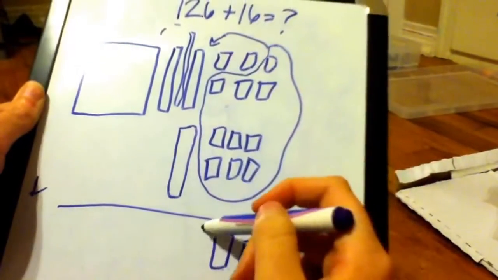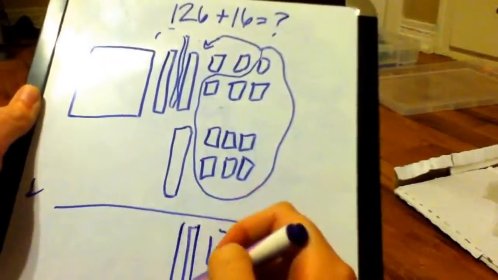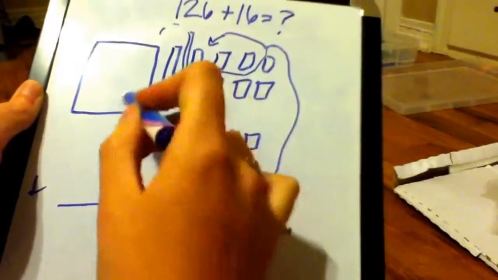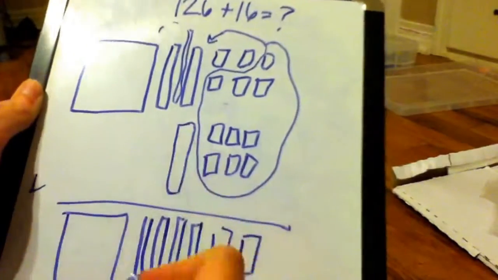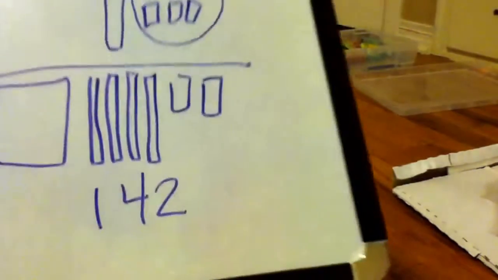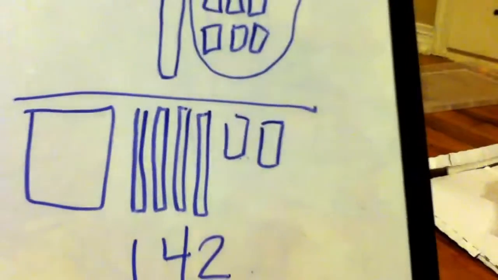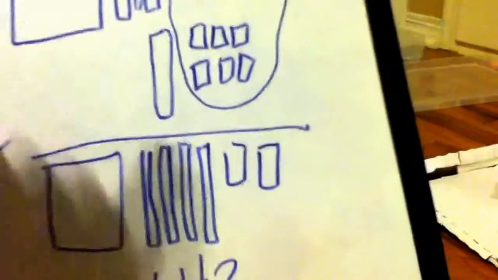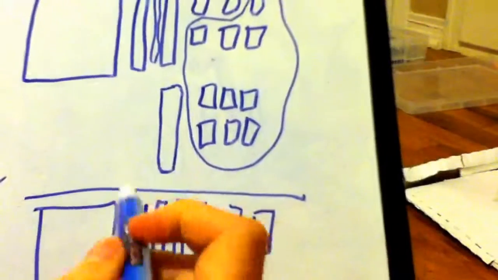We have 4 rods, 1, 2, 3, 4, and we have 1 hundred. So our answer is 142. So 126 plus 16 is 142 using the Make 10 approach, which makes it easier to figure out your addition.